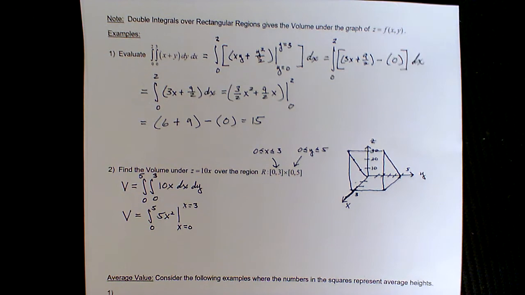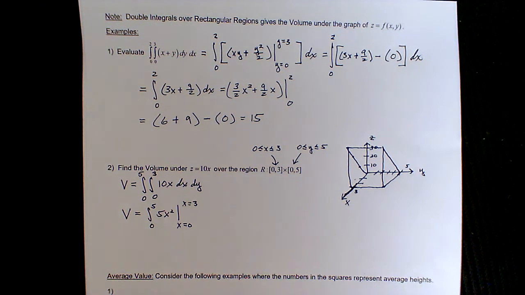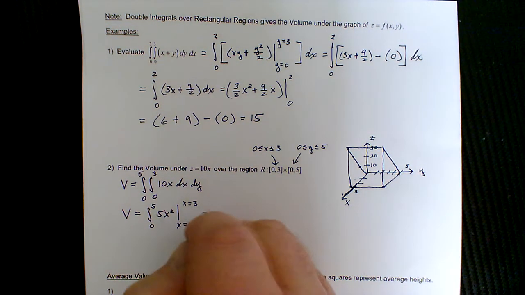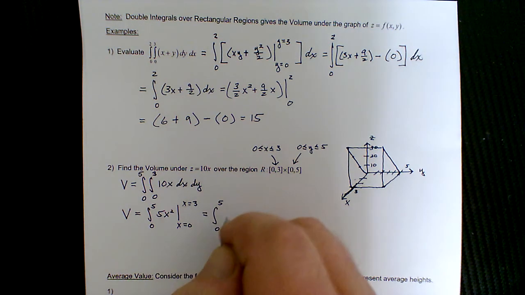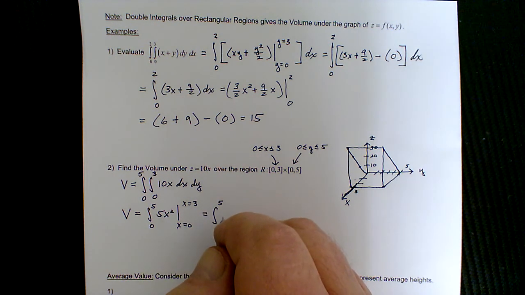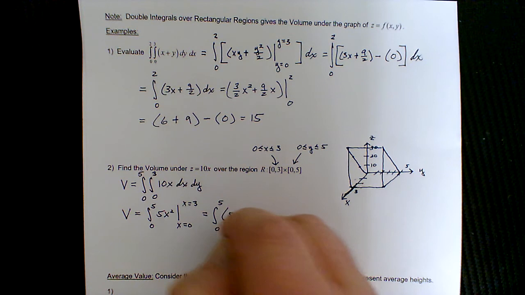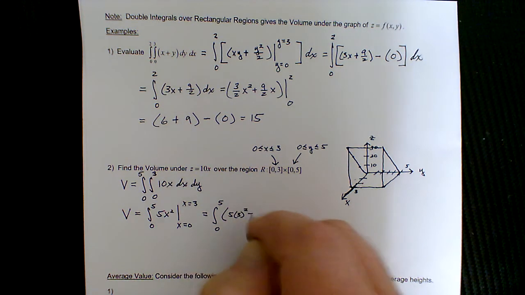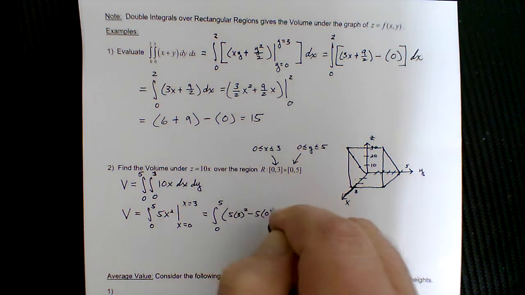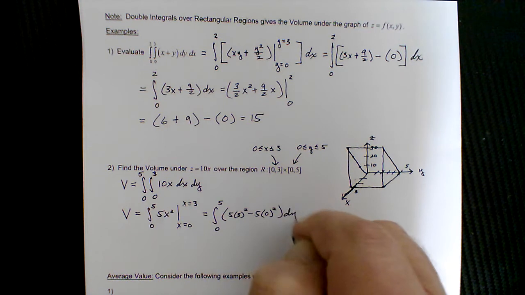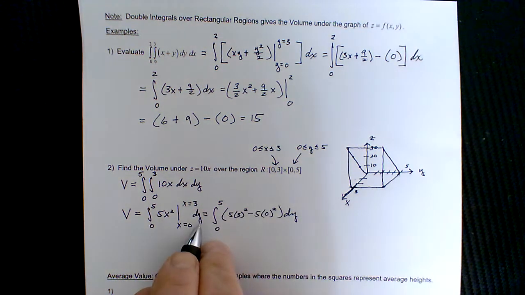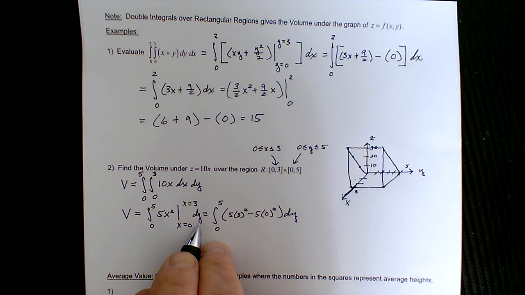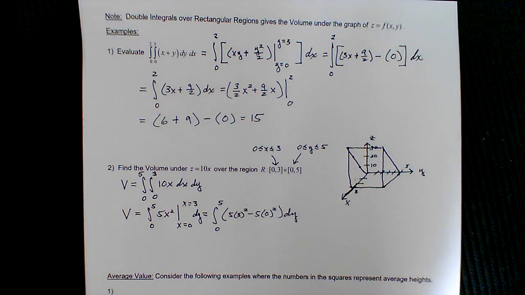And then continuing with the fundamental theorem of calculus, upper limit goes in, so 0 to 5 of upper limit 5 times 3 squared minus lower limit 5 times 0 squared, with respect to y. I forgot my dy over here.